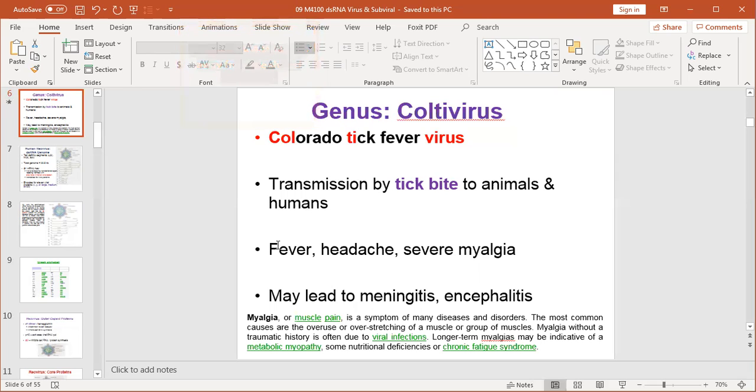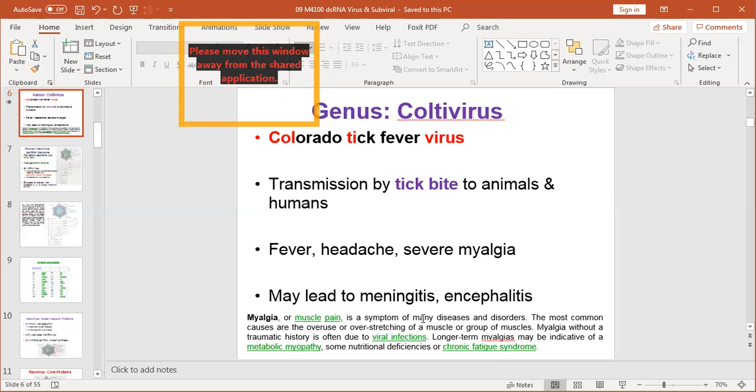It usually causes fever, headache, and sometimes severe myalgia, which is muscle pain. I have a little bit of a description of myalgia down here at the bottom of this slide. And Colorado tick fever virus infection may also lead to meningitis and encephalitis.